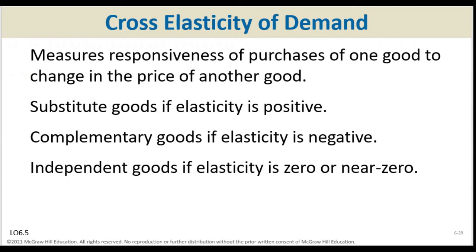So here you will see that if goods are substitutes, you can use either one, they will have a positive cross elasticity of demand. Since the change in the price of one product and the change in the demand of its substitute move in the same direction, right?